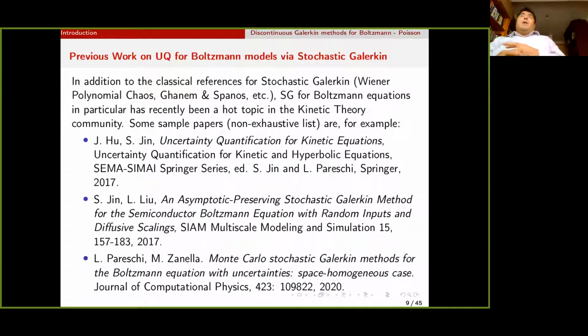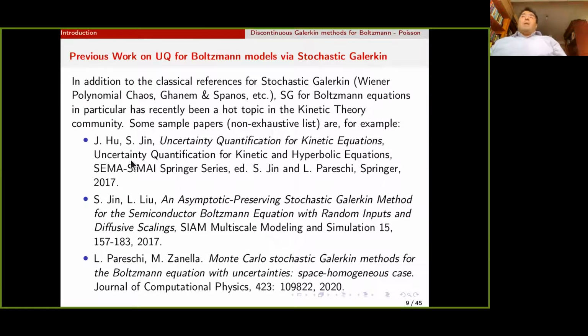Okay, so at this point, I'm basically going to comment that, of course, okay, stochastic Galerkin methods have some history going back to Wiener and polynomial chaos and the thesis of Ghanem and Spanos. But certainly in the last years, stochastic Galerkin and uncertainty quantification has been a very hot topic in kinetic theory. I'm not making an exhaustive list. I'm basically just indicating that this has been a hot topic for the last 6 years or maybe a little bit more.